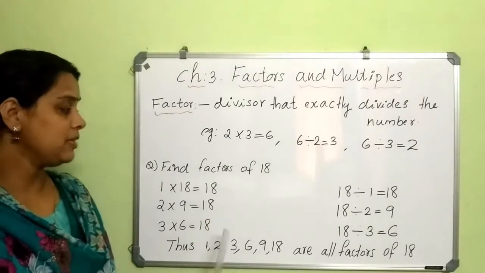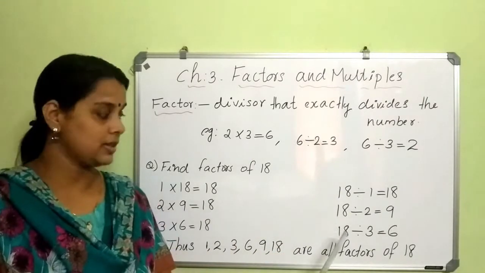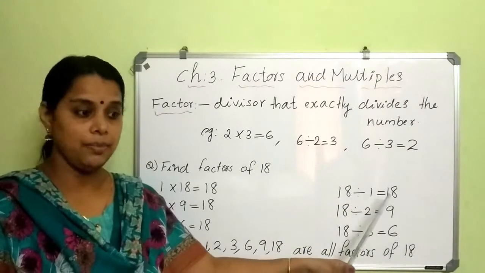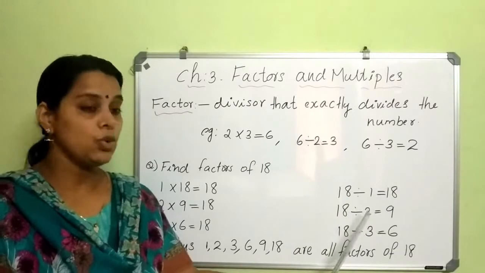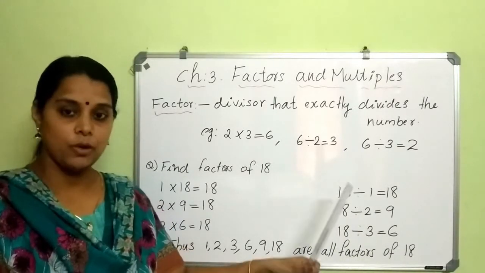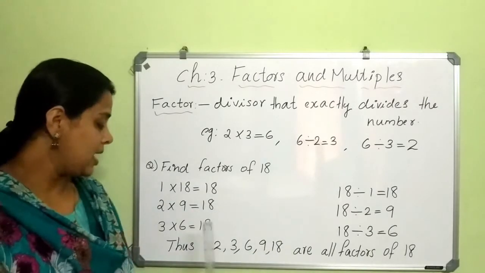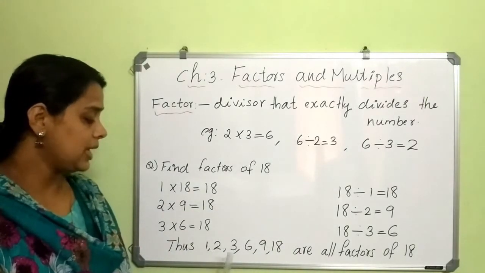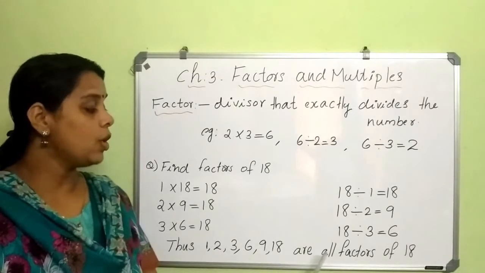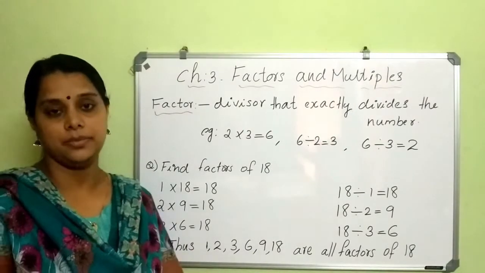The same thing we can write as a division fact. They are 18 divided by 1 is 18, 18 divided by 2 is 9, 18 divided by 3 is 6. From this we can say 1, 2, 3, 6, 9 and 18 are all factors of 18.